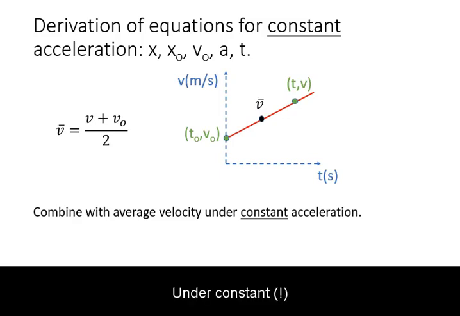Under constant acceleration only, the average velocity can also be found as the arithmetic mean of the final velocity and the initial velocity.